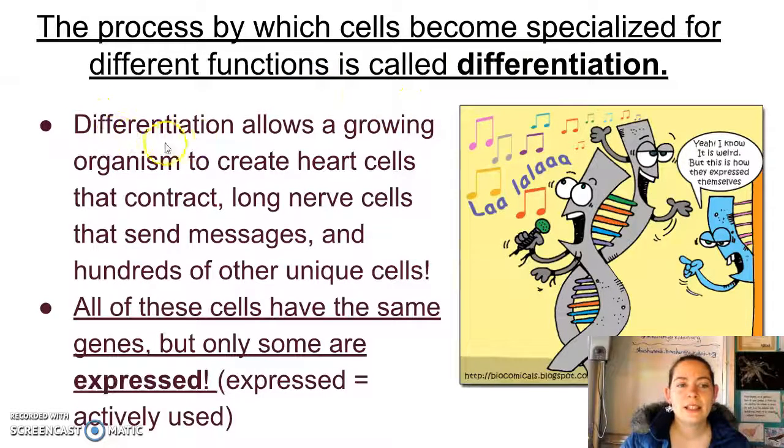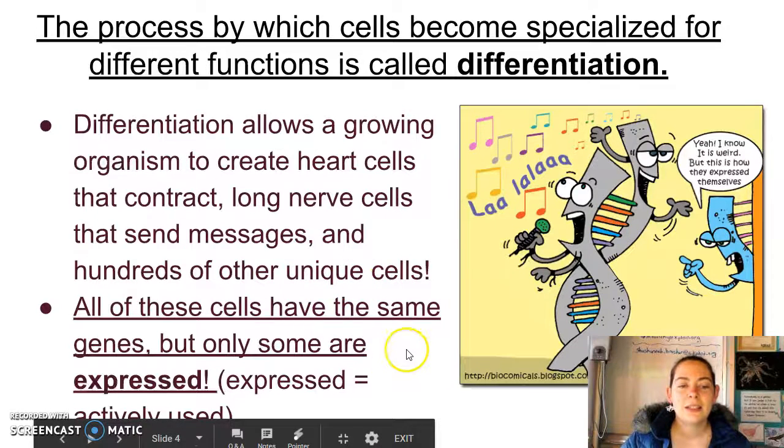So it's this process of differentiation that allows a growing organism like a baby or even a teenager like you to create new cells. So a growing baby in a mom's tummy is creating heart cells. It's creating those nerve cells. It's making all these new cells that have really unique jobs.